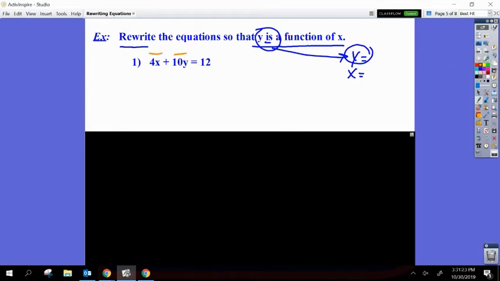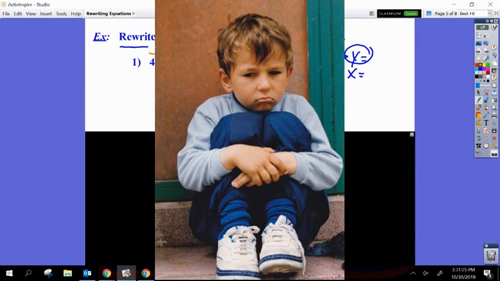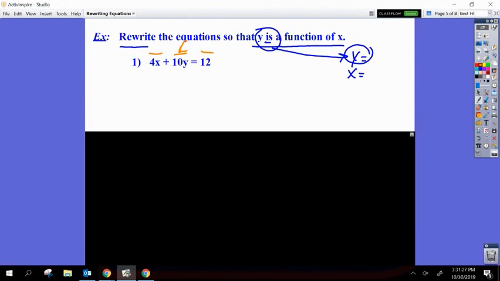There are 3 terms. We need to isolate the term that contains my variable, which is 10y. Subtract 4x, subtract 4x. I have 10y on the left, and I certainly could say 12 minus 4x, but send the constant to the end.